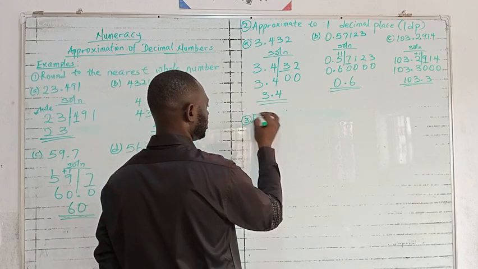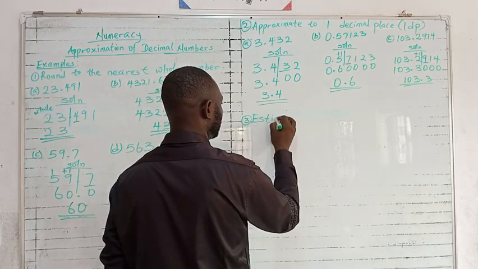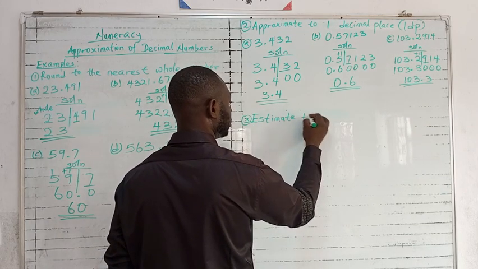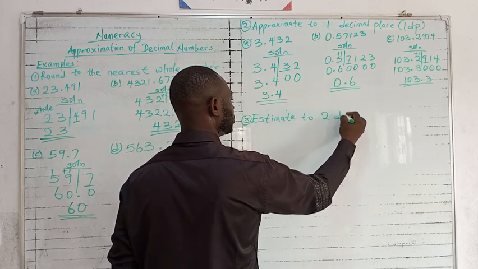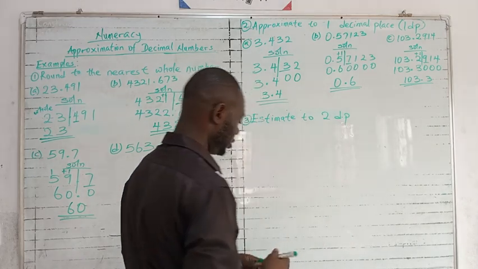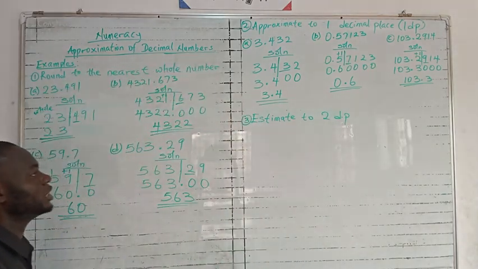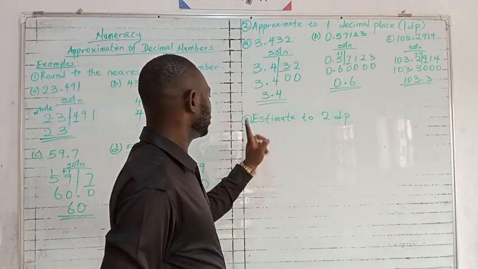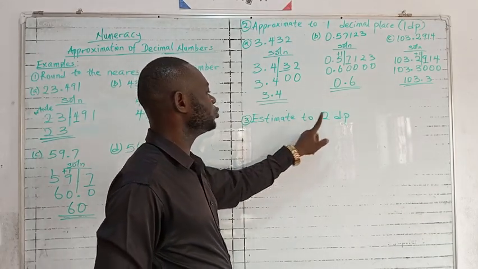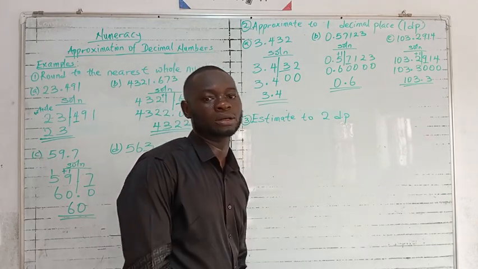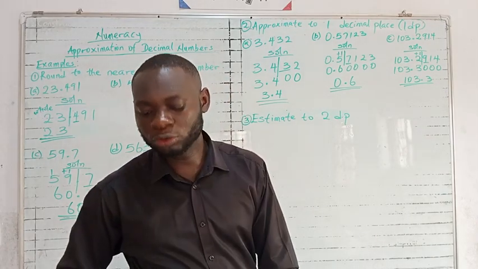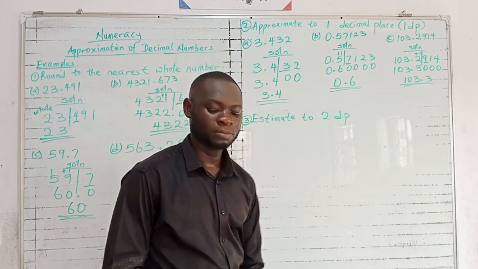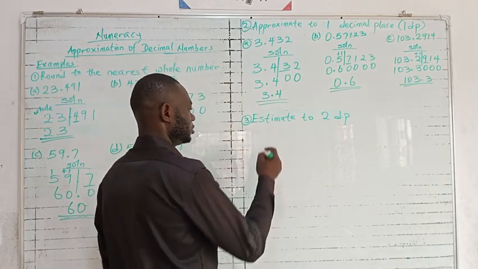Okay, let's look at number 3, example. It says, estimate to 2 dp. What did I tell you that dp means? Decimal place. So the question says estimate to 2 decimal places. Round to 2 decimal places. Alright? Okay.